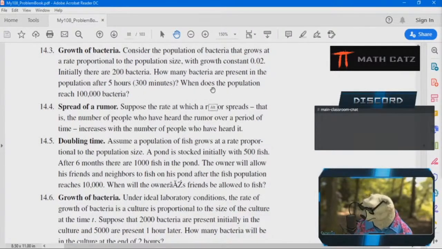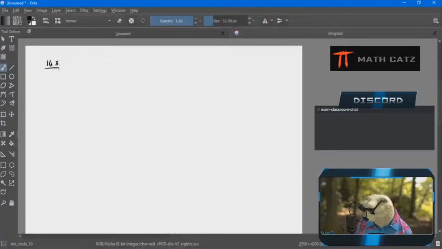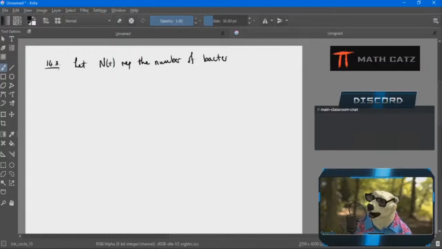But before I can answer those questions, I need to set up the differential equation, which is a translation of this first sentence. So let's do that first. So let's say n, which is a function of time, represent the number of bacteria at time t.